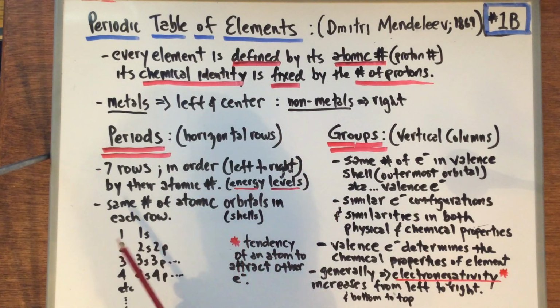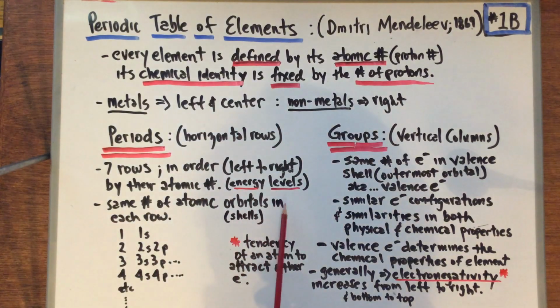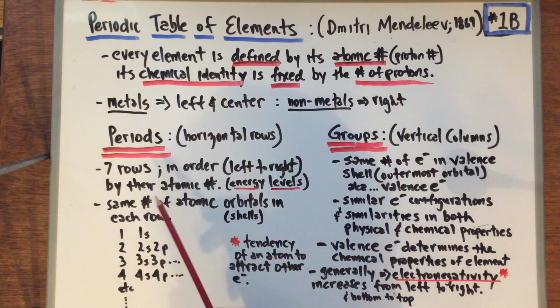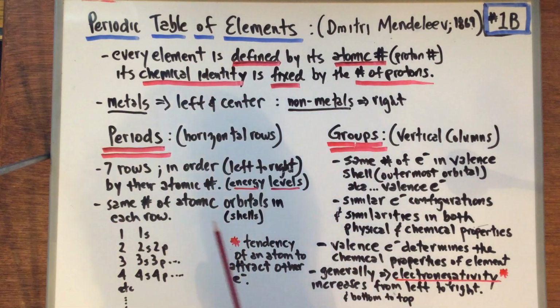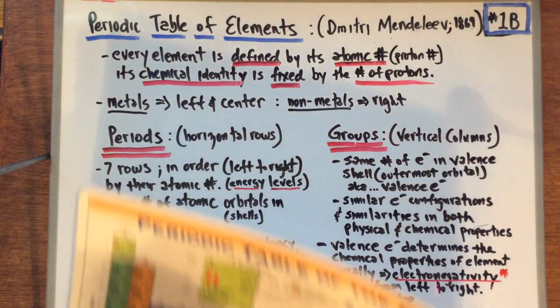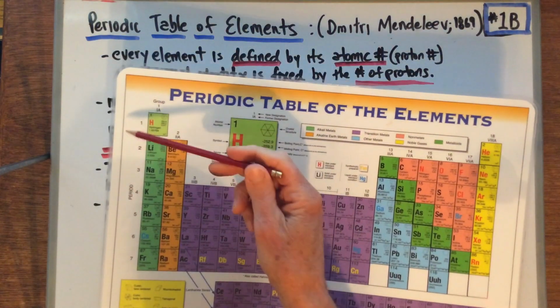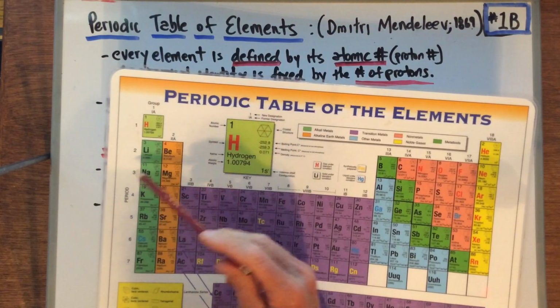Okay, and the same number of atomic orbitals in these periods are in each row or shell. So, for instance, if you go down through this table, you can see that here they are 1, 2, 3, 4, 5, 6, 7.